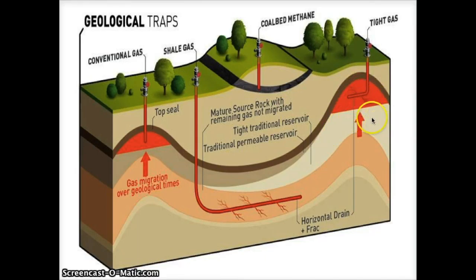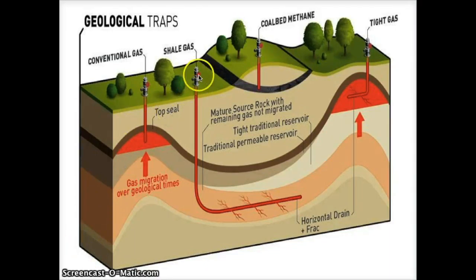This is a really compact structure, and because of that, you form tight gas over here, which we'll talk about in a second. On this section over here, where it's a little bit darker, this is what we consider a traditional well with lots of big pores and good permeability, which allows the oil to flow through here. And under natural pressure of the reservoir, when you drill your well, it naturally squeezes out and travels to the surface.